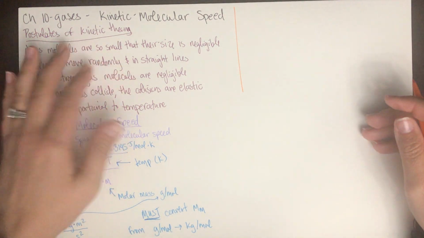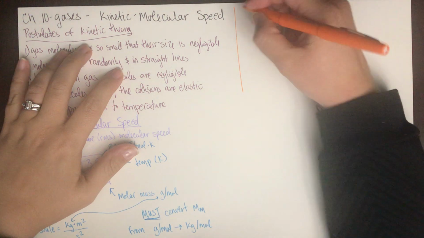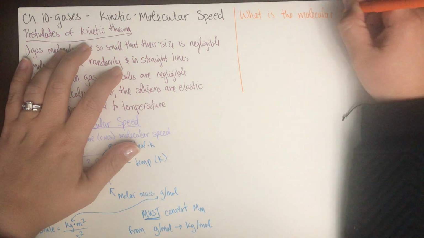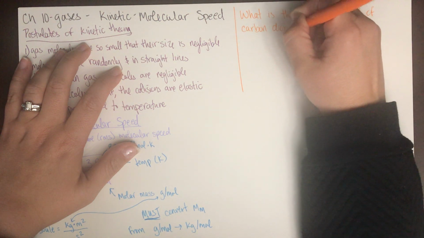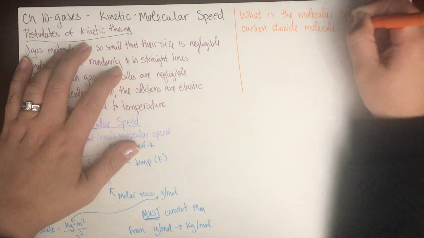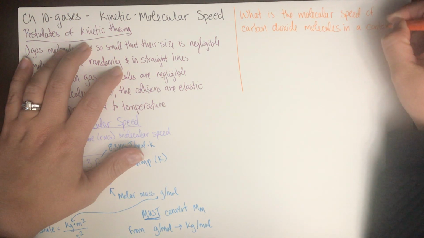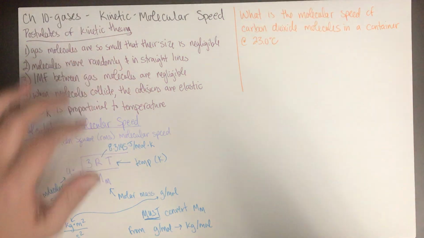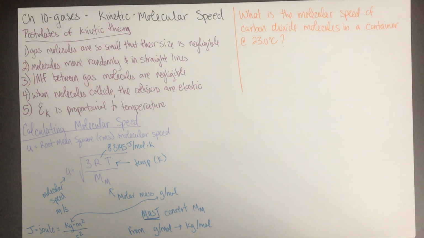So let's just say, what is the molecular speed of carbon dioxide molecules in a container at 23 degrees Celsius?